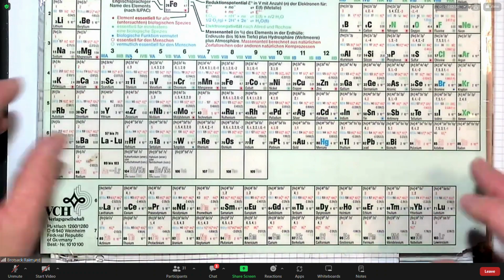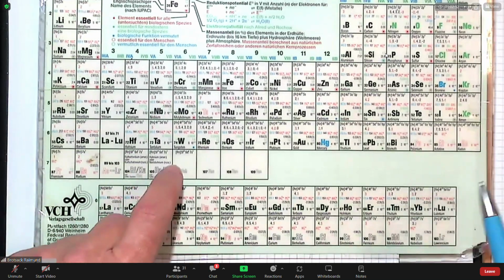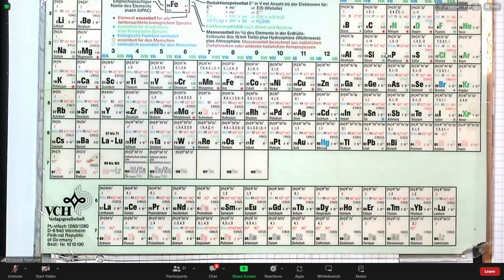So here we have those. For example, a very hard material which can be coated on surfaces to enlarge the hardness of tools, of mechanical tools, like a drilling tool. Of course, it's very expensive to have it out of platinum or titanium.